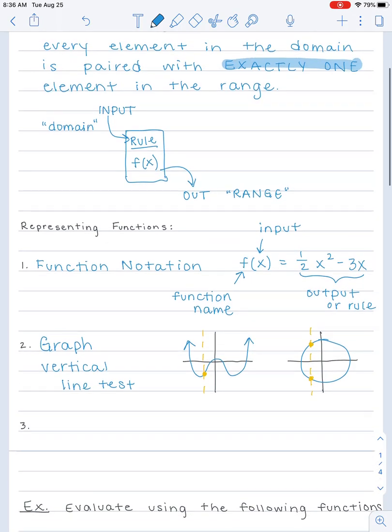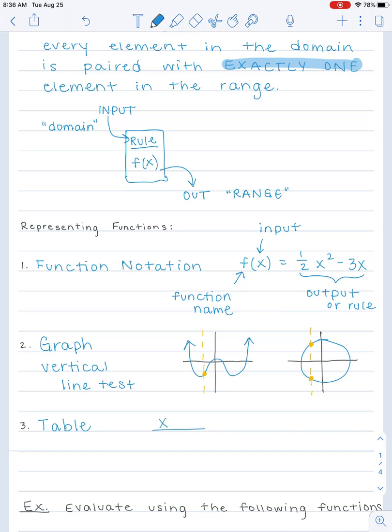And the third way we can represent a function is by a table. You probably studied a lot of tables back in Algebra 1. They usually had like an X column and a Y column. Now, if you remember back in our example number 1, we're not using Y anymore, we're using function notation. So an example of a table could look like this.